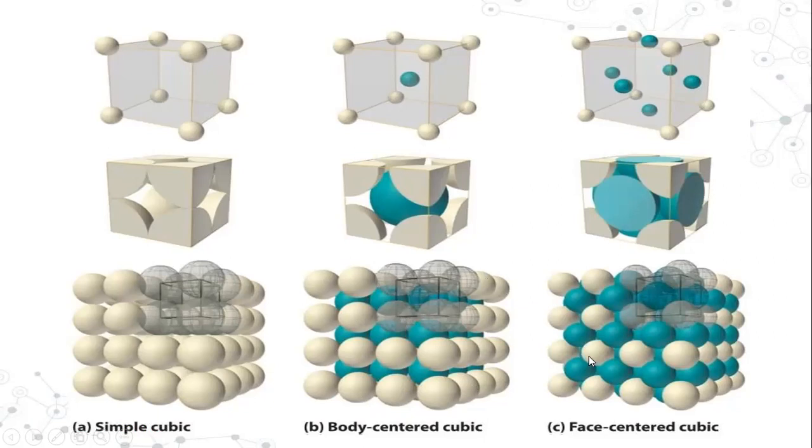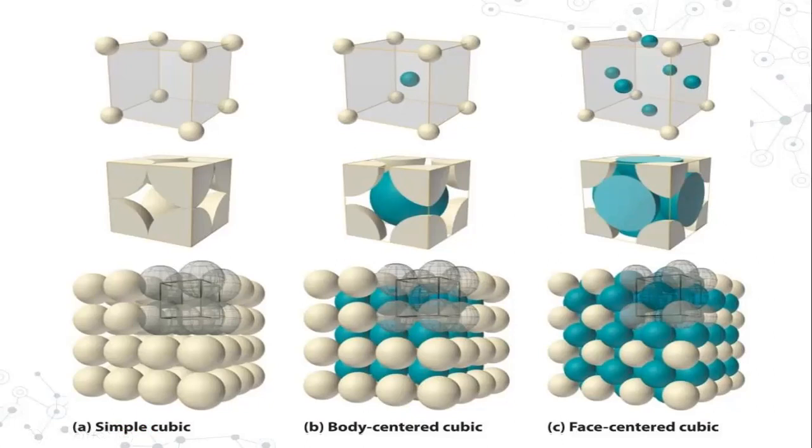And when you see the face centered cubic, 6 atoms are formed in the 6 faces of the cube, and they are all like this. These are visible like this when you zoom in. So that is the face centered cubic way.